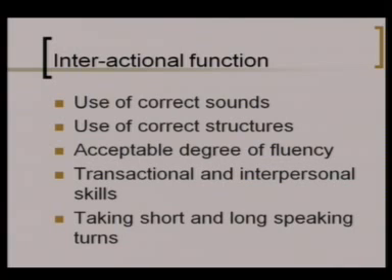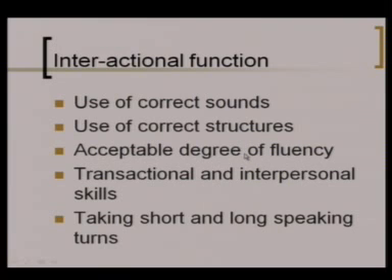So let's quickly run through the interaction functions. Interaction functions: 1. Use of correct sounds. 2. Use of correct structures, which is grammar. Sounds would mean pronunciation, and I would like to mention here, we also would like to talk about intonation and stress.